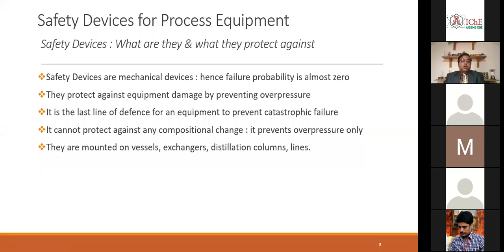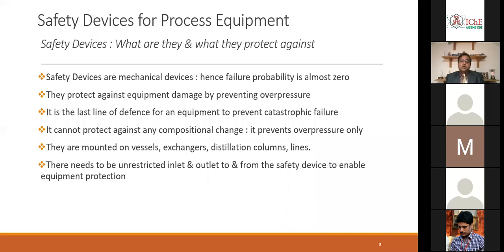The safety devices are mounted on vessels, on exchangers, on distillation column tops, or on lines or anything. There needs to be unrestricted inlet and outlet to and from the safety device. Otherwise, it will not be able to protect.